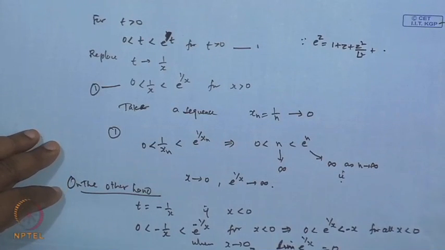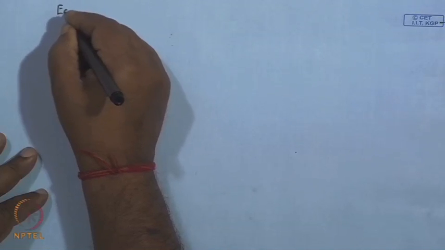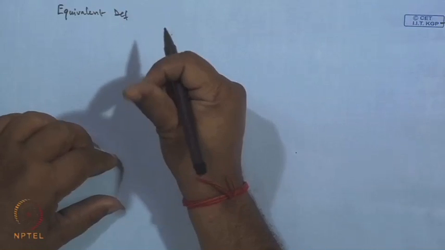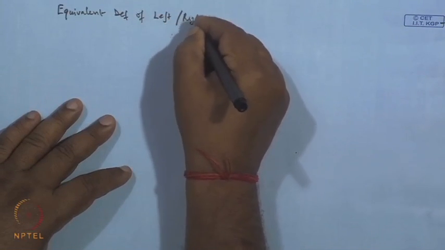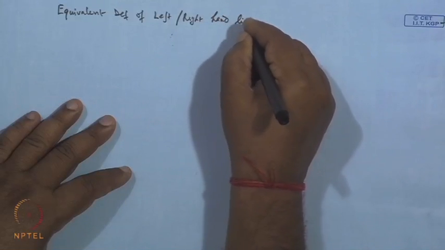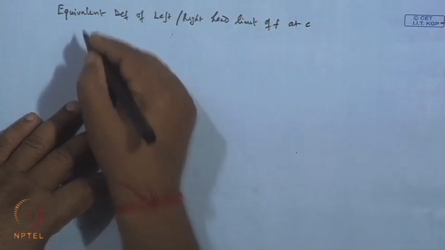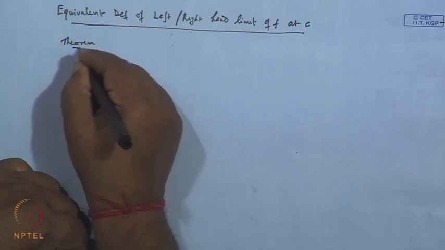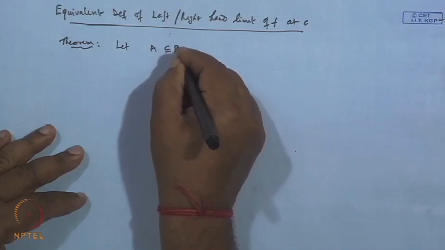Now, the equivalent definition in terms of sequences. This is the equivalent definition of the left and right hand limit of the function f(x) at c. This is in the form of a theorem.